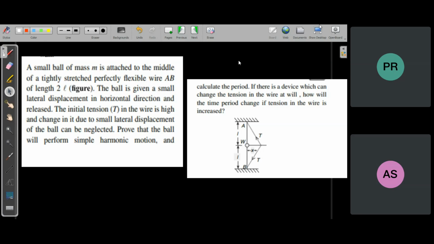So you can try this and you can ask your doubt. You just have to tell me the equations that you will write.